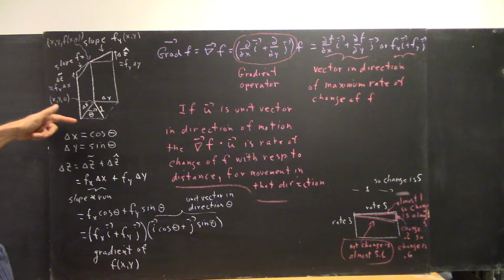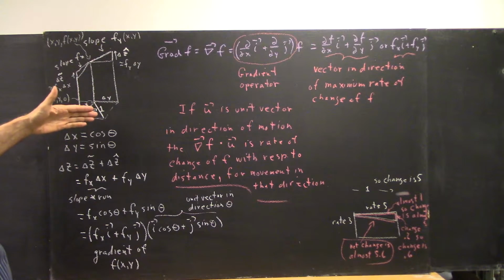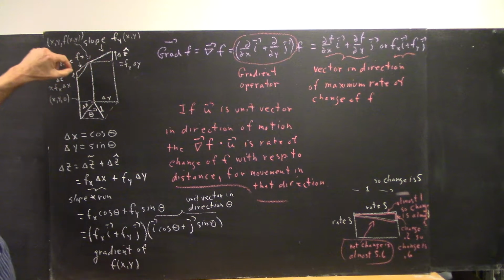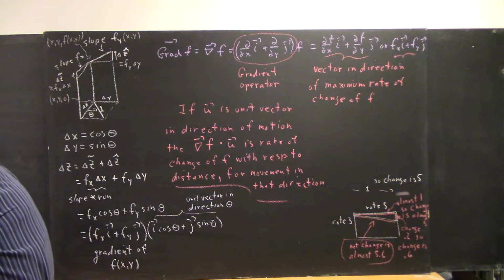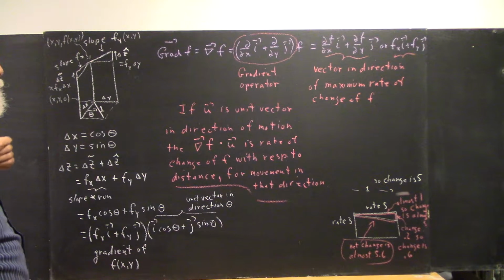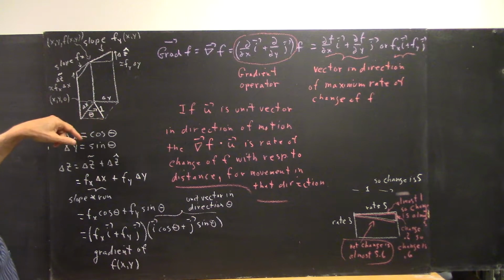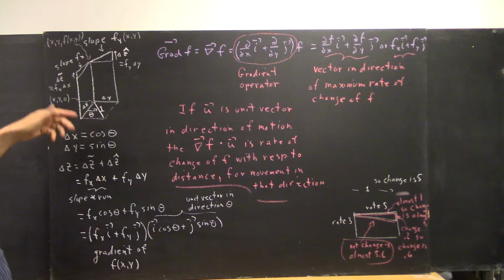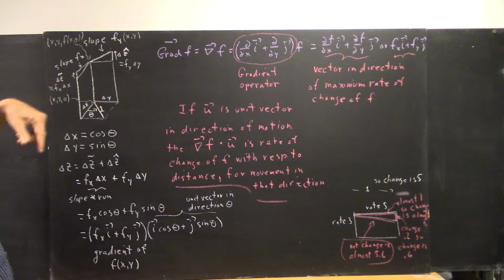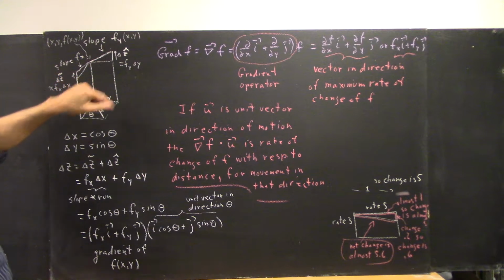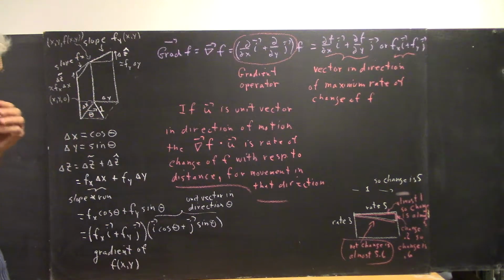Now we could complete a three-dimensional figure here as we've done previously, but we're not going to do that at this point, because what we're going to do is assume now that we move one unit in the direction from here to here, one unit in the direction defined by our delta x and our delta y, whatever that might be.